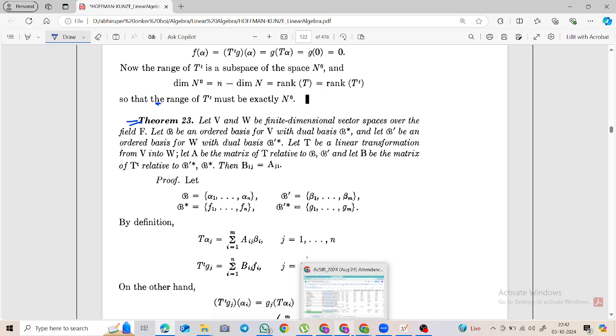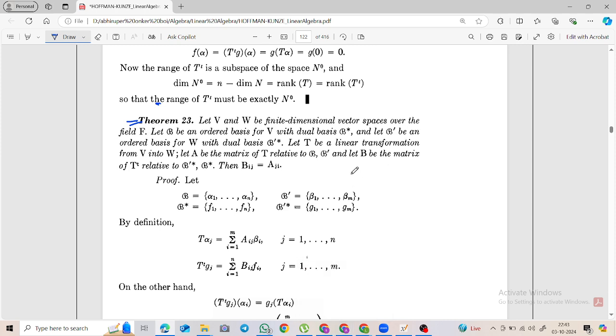If the linear transformation T has the matrix A with respect to beta and beta prime, and the matrix of T transpose with respect to beta prime star and beta star is B, then B_ij is A_ji.